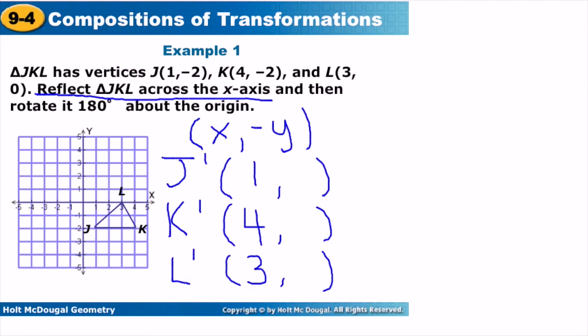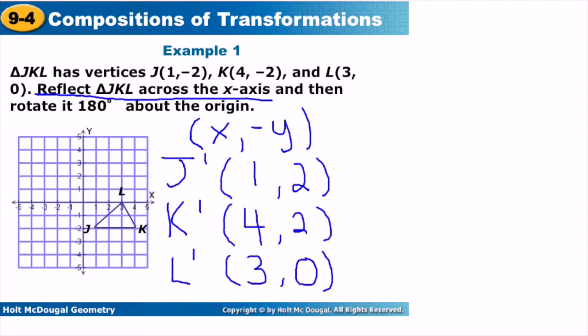The only thing I'm going to do for my y coordinate is change that value to the opposite. So negative 2 becomes a positive 2. For K, K prime becomes another positive 2. And then L prime is still 0.